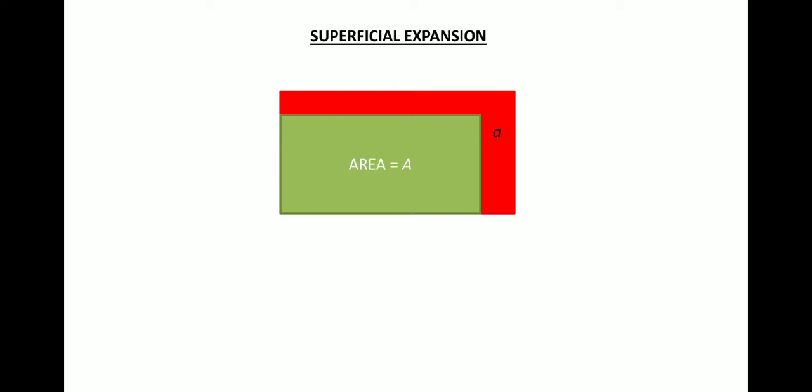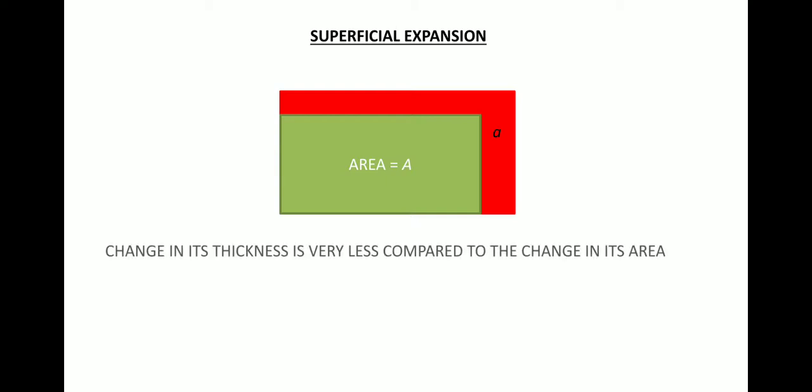Then the change over here, the thickness of this particular body is not that great compared to the change in its area. So change in its thickness will be very less compared to the change in its area.